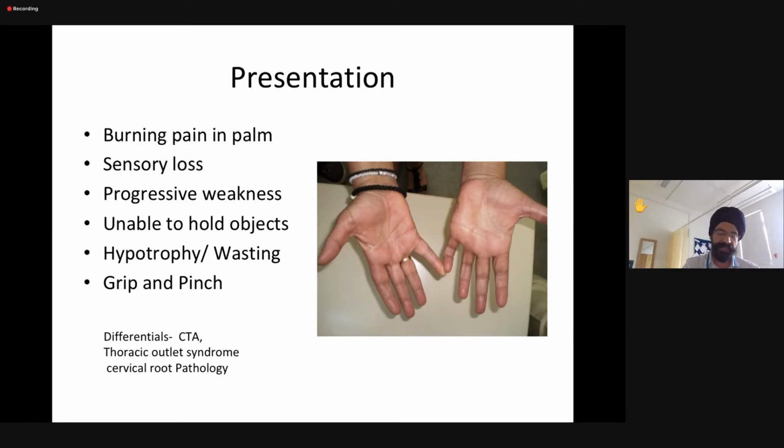In cases of Guyon's canal syndrome, the ulnar tunnel syndrome, the sensation in the dorsal branch of the ulnar nerve and the palmar branch will be preserved. It won't be affected as it would be in a lesion higher up. We are always mindful of differentials: the cubital tunnel, thoracic outlet, or any cervical root pathology.